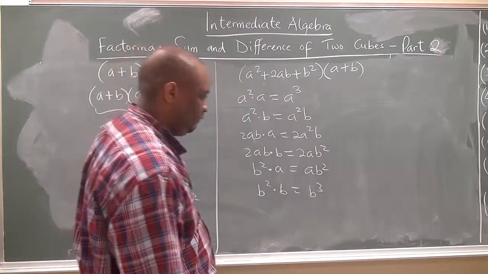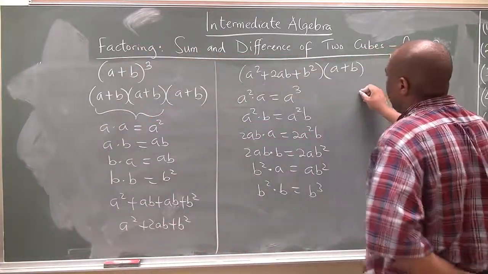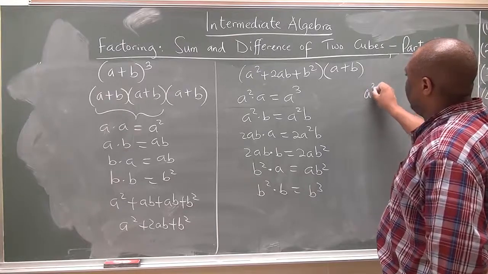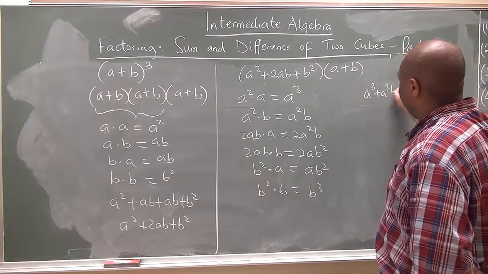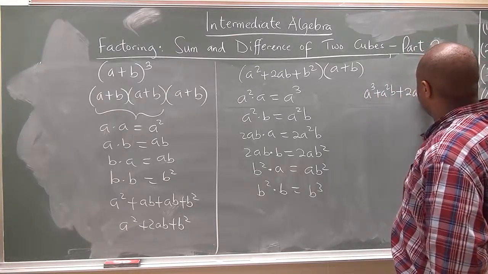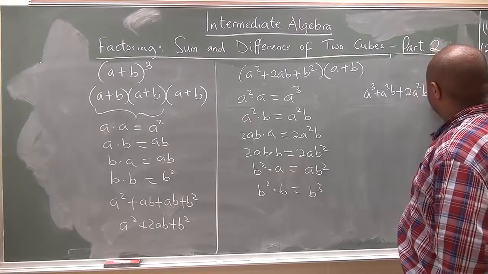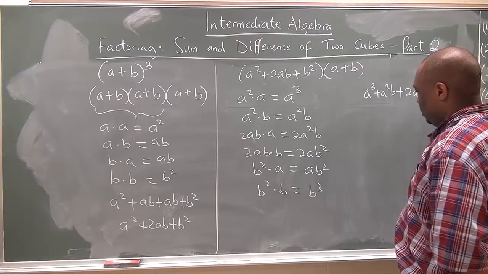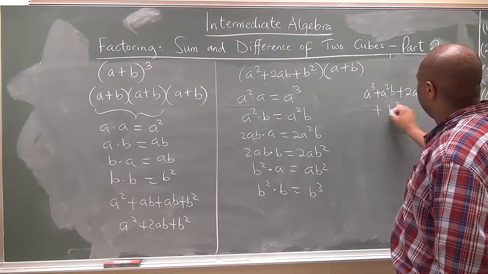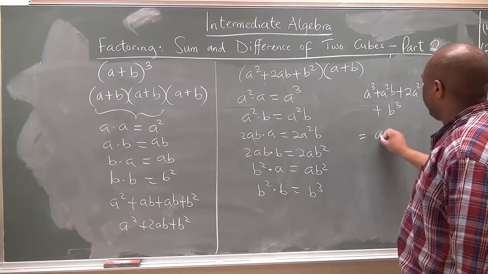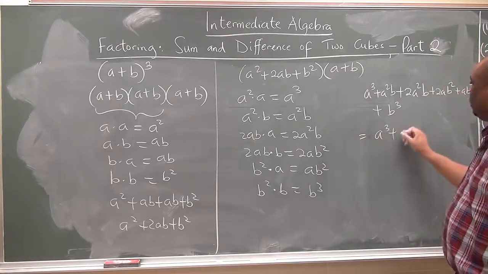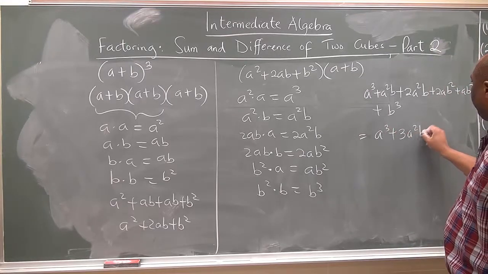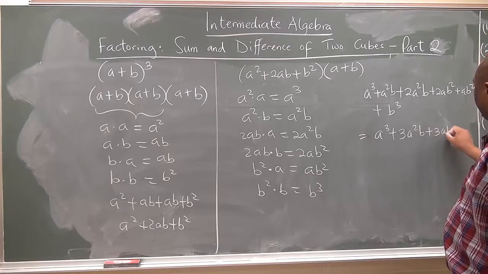So when you list it, it will be a cubed plus a squared b plus 2a squared b plus 2ab squared plus ab squared plus b cubed, and this will give us what? A cubed plus 3a squared b plus 3ab squared plus b cubed.